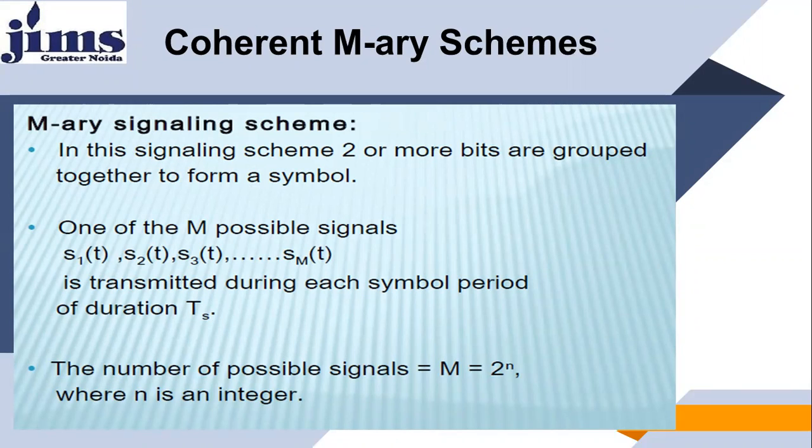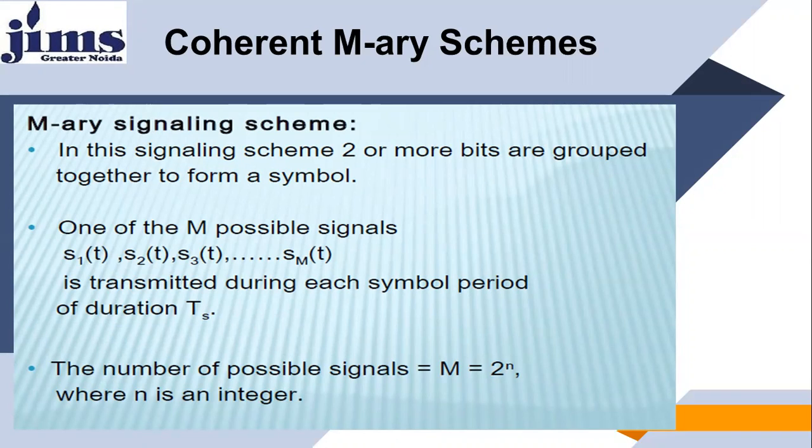So in this signaling scheme, 2 or more bits are grouped together to form a symbol. Means if you combine more than 2 bits, you get a symbol. For example, if you combine 3 bits, then you get a symbol of 3 bits, and so on. So one of the M possible signals.